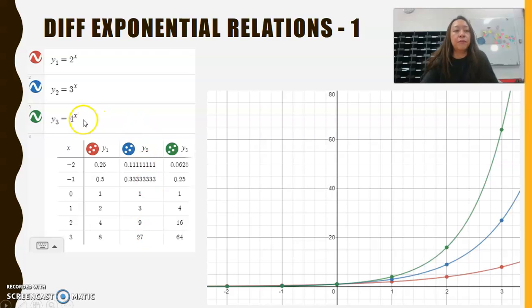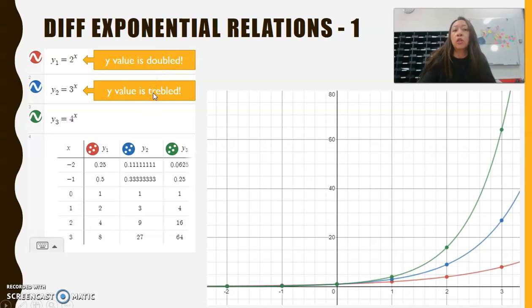And if we look at the third equation, it's a power with a base number of 4. So we can see that all the values of y will be times 4 every time the x increases. So in this case, the y value is doubled. The second one, the y value is tripled. And the third one, the y value is times 4.